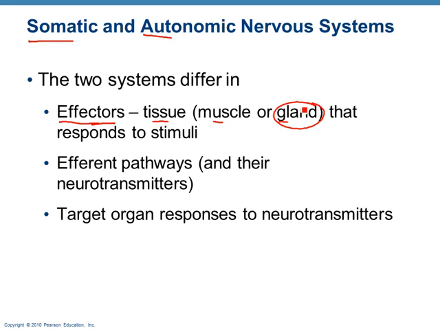They also use different neurotransmitters. We know skeletal muscle uses which neurotransmitter? Acetylcholine, right? So the somatic is acetylcholine. We know that is what stimulates skeletal muscle. And we'll talk about the ones that stimulate the other ones in just a second. And then there are some neurotransmitters, let's just say neurotransmitter, NT.